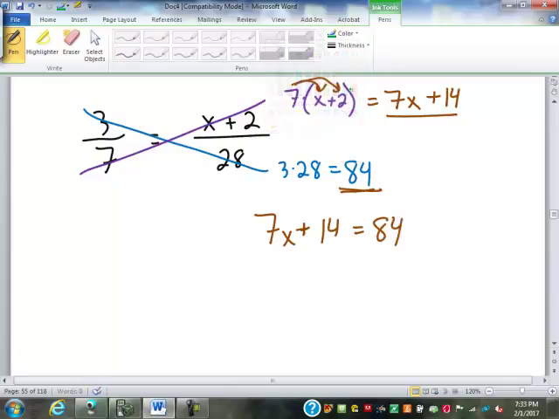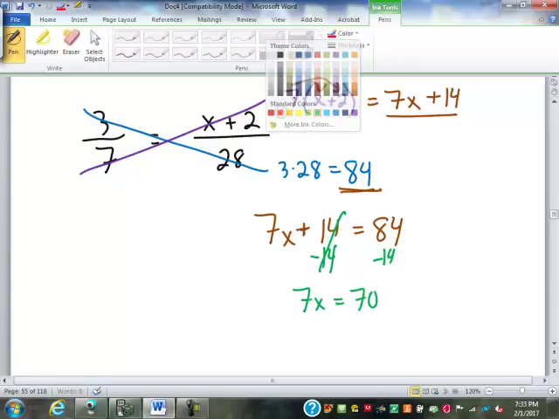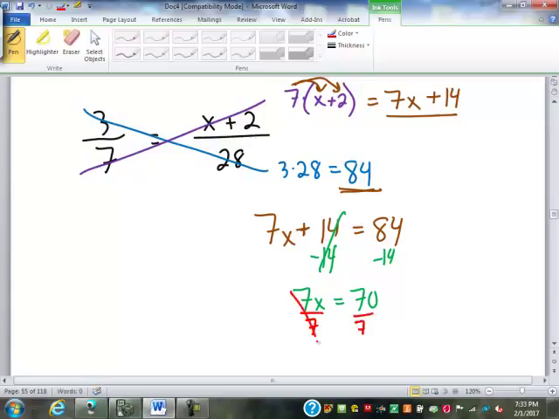And now we can solve. What do we have to do? Subtract 14. So 7x equals 70. And then divide by 7. X equals 10.